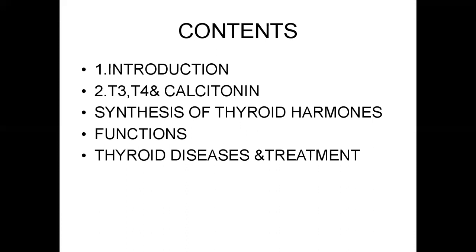How these thyroid hormones are synthesized, functions of these thyroid hormones, physiological functions, and diseases of the thyroid gland and their treatment. These are the contents we are going to discuss.